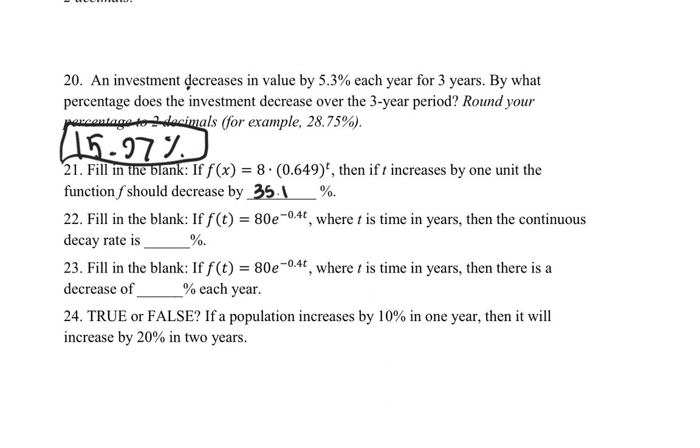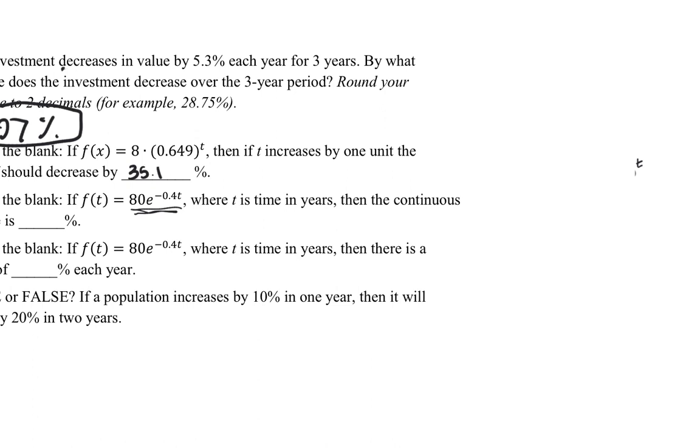For number 22, we're given a continuous growth rate function where we have 80 times e to the negative 0.4t, where t is the time in years. The continuous growth rate is blank. So for these, our equation is going to look like P equals A times e to the rt, where A is just the initial value, r is the growth rate, and t is time.